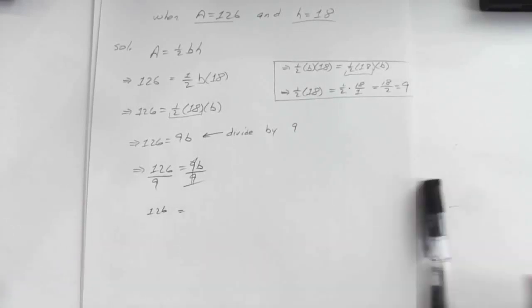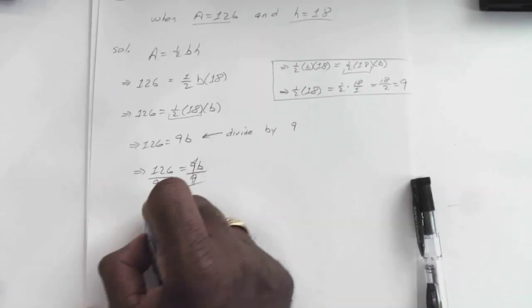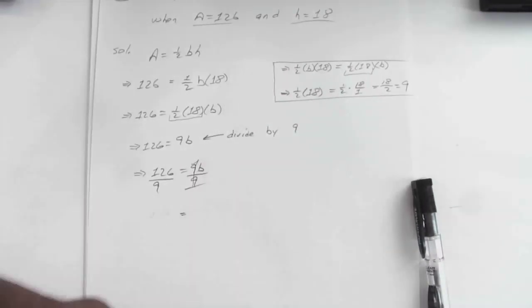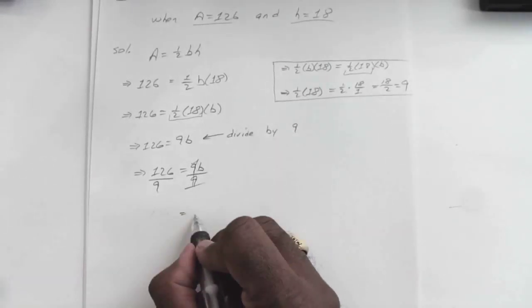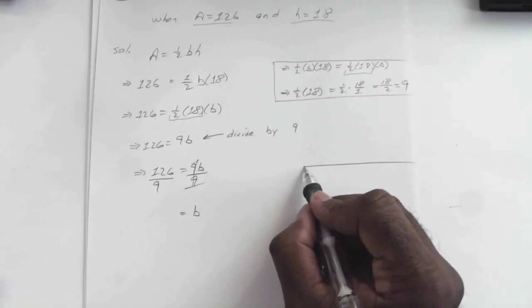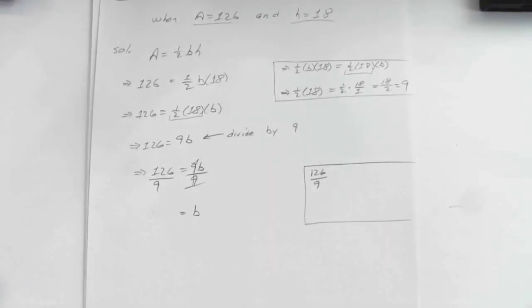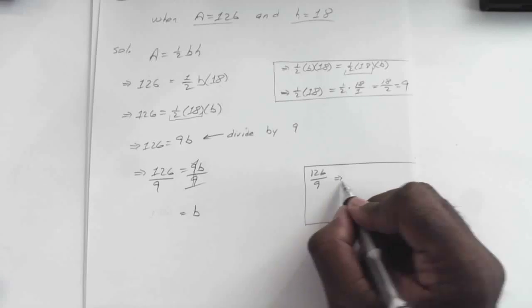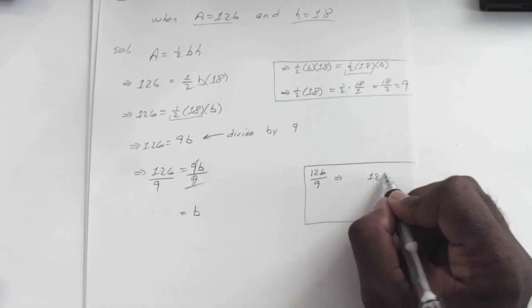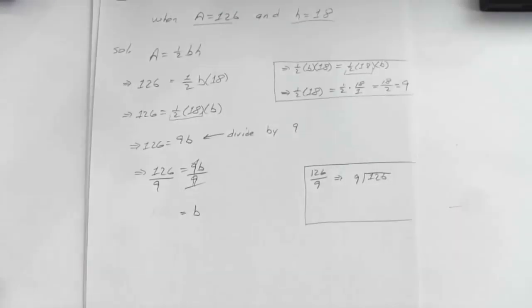So 126 over 9. Actually, we can just go ahead and solve that. So now we have B. And 126 over 9, you can just rewrite that as 126 divided by 9.